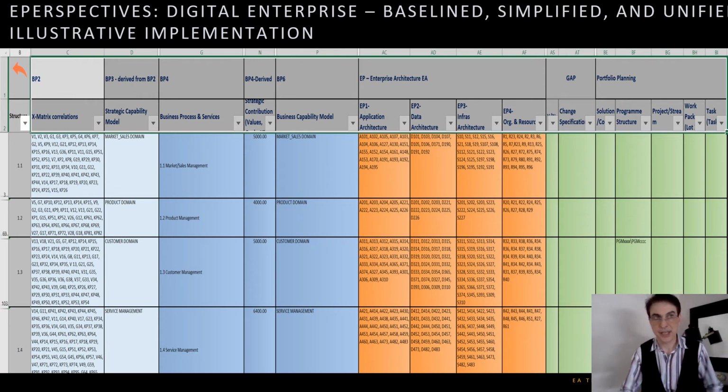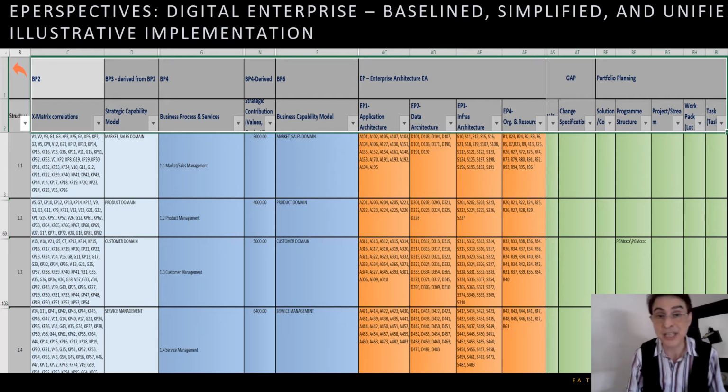So this is one single document and artifact in which we have our architectural vision axis on the left side. So we can look at our strategic capabilities and their X matrix correlation, if you will, or strategy correlation, so that we can relate that strategic capability to a strategic value.